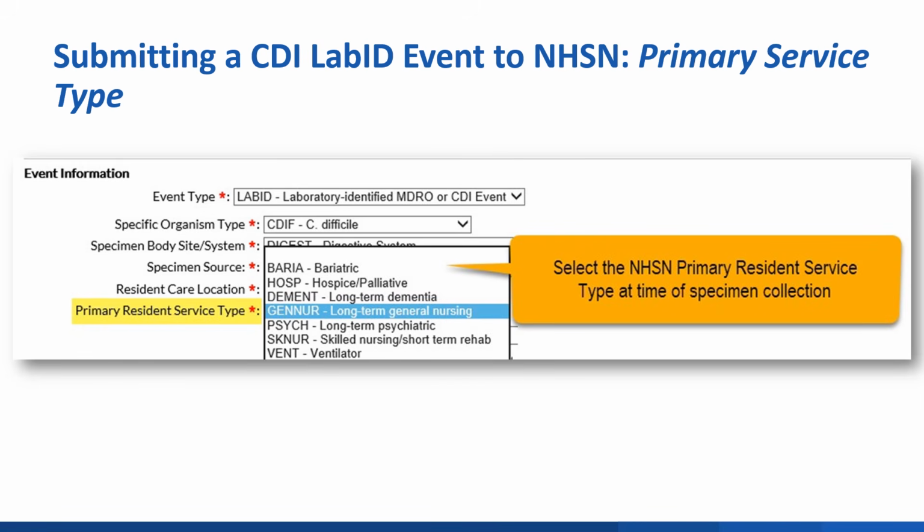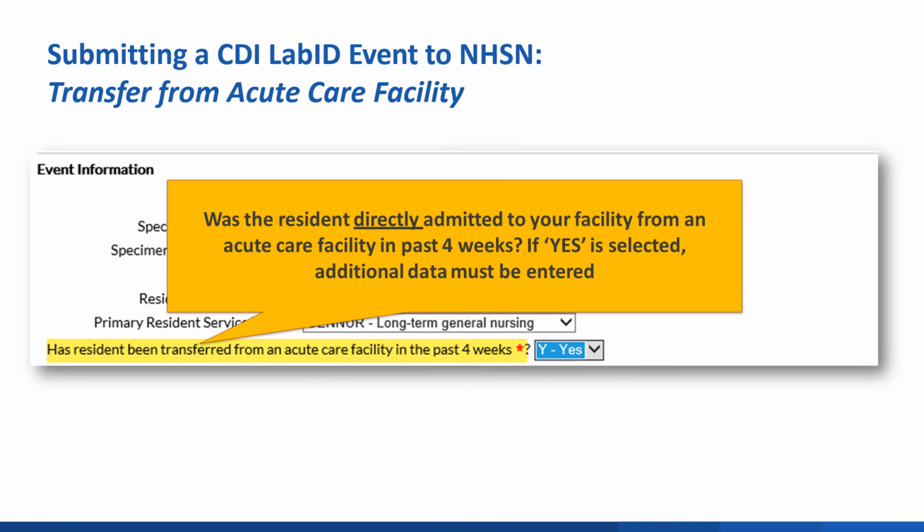For the next question, enter yes if the resident has been an inpatient of an acute care facility, for example, hospital, long-term acute care hospital, or acute inpatient rehab facility, and was directly admitted to your long-term care facility in the past 4 weeks.